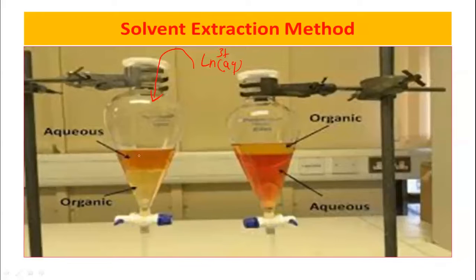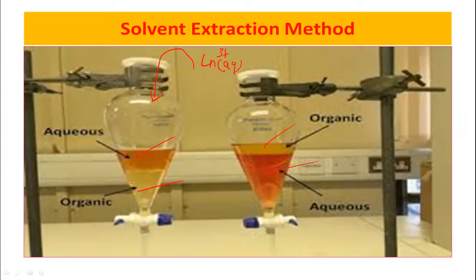Suppose this is the aqueous phase and this is the organic phase. Or in this case, it is an organic phase and this is an aqueous phase. It depends upon the density of the solvent. Generally the lighter phase is above, and the heavier is below.